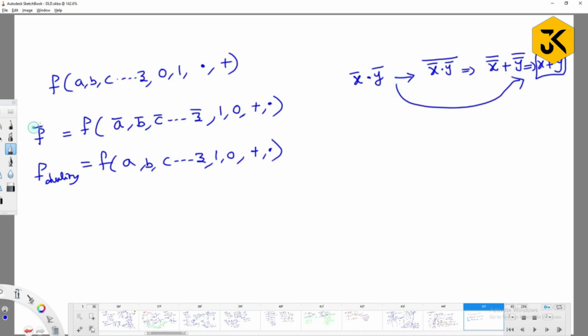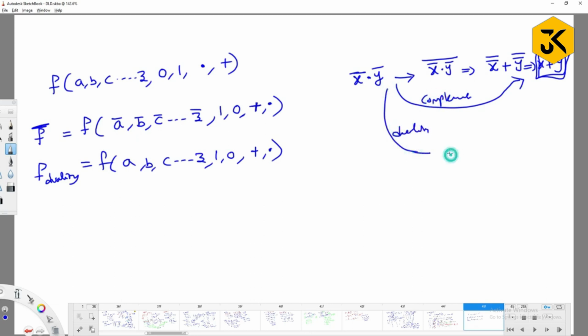Complement means every complemented variable is changed to non-complemented, every non-complemented one is changed to complemented, and dot is changed to plus. So this is what I can call the complement.